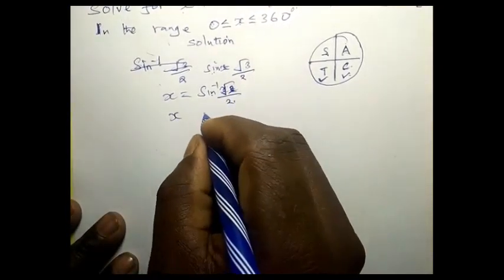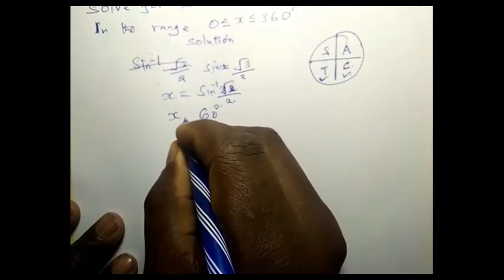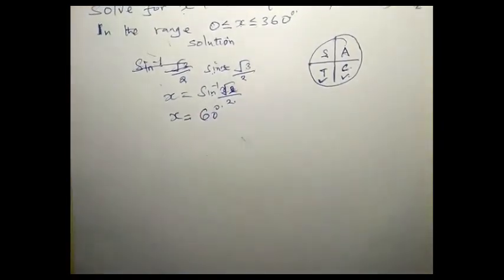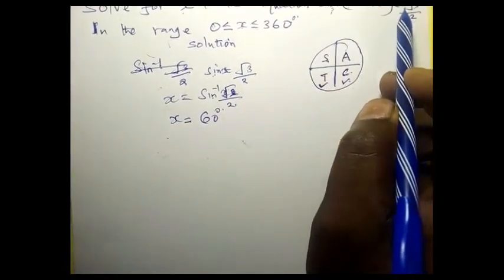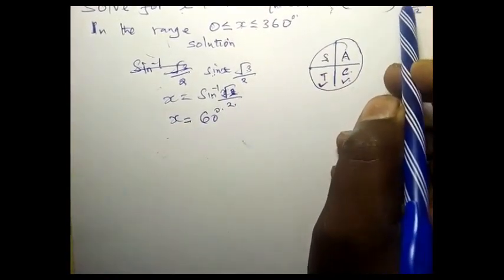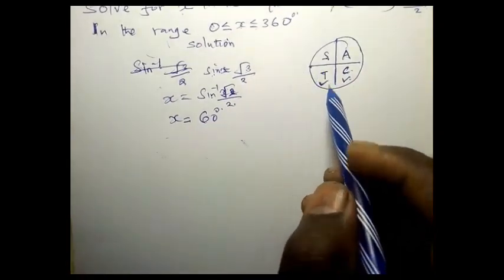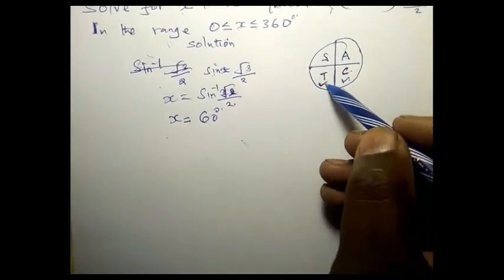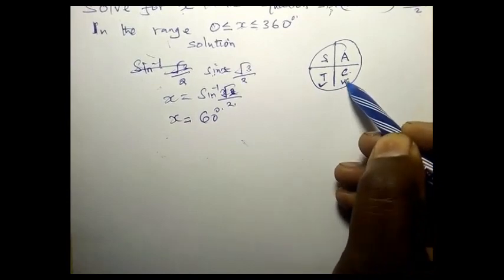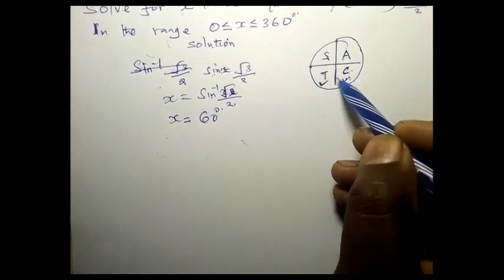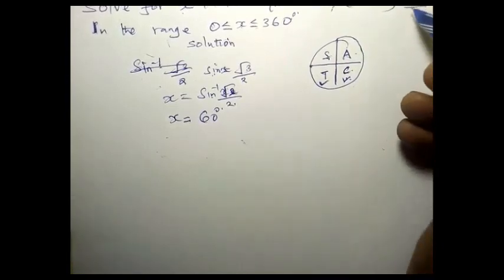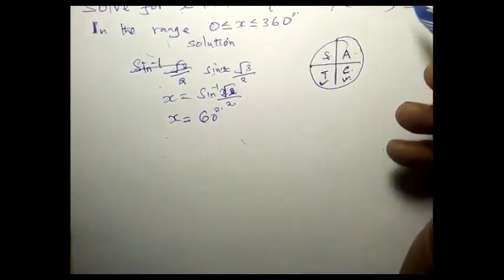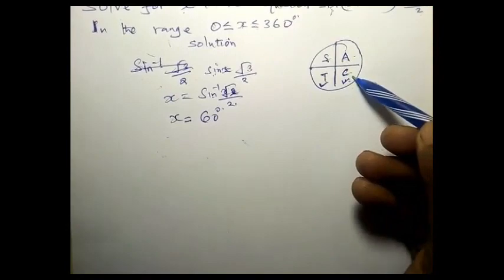You use your calculator and you will find x is 60 degrees. Now, since our sine was negative, the angles that we want lie in the third and the fourth quadrants. Here the sine is positive, which is not what we want. We want where the sine is negative, which is here and here.